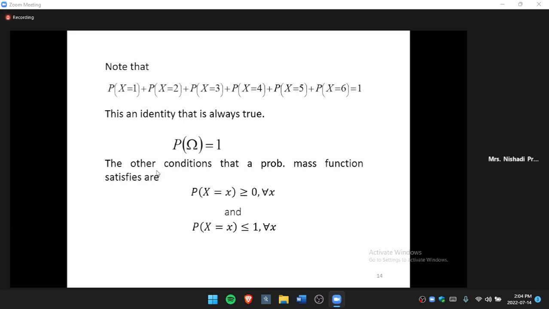Therefore, it's a condition. In order to identify a probability mass function, we can consider this condition: the probability of the sample space is equal to 1.